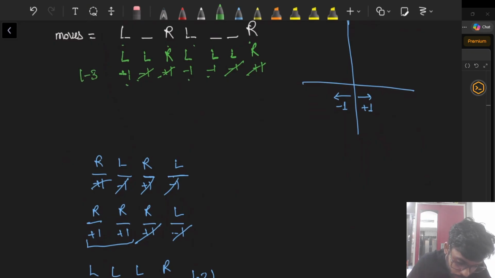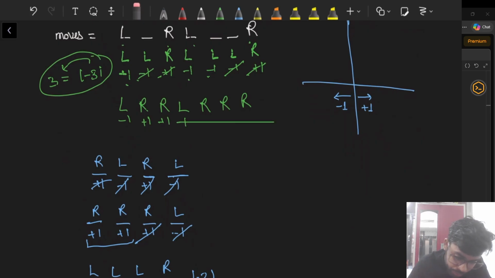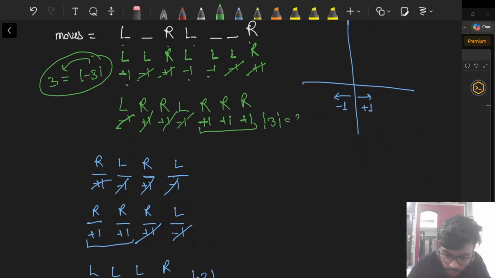Mod of -3 is 3, right? In the test case, it's given 3. And we have another choice, because the count of L and R is the same, we can also change it to R. So here we have got mod of 3 equals 3. So let's simulate.